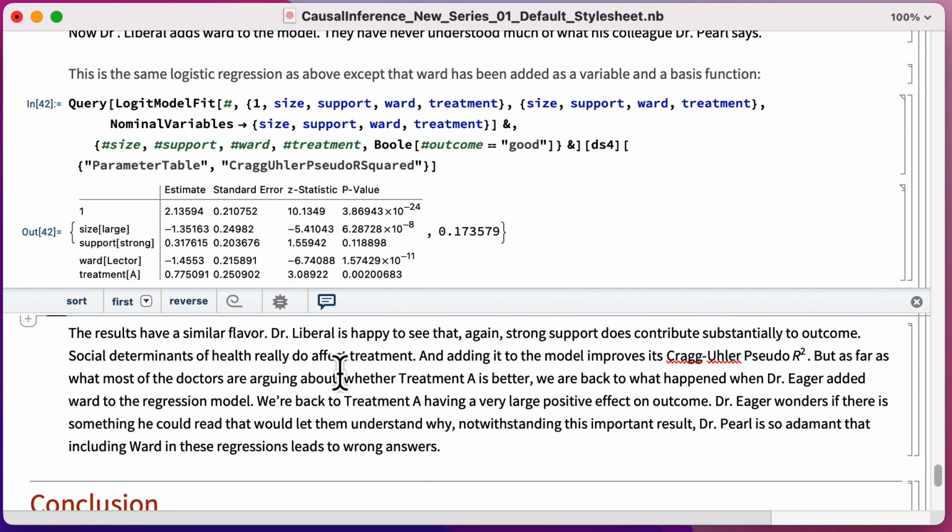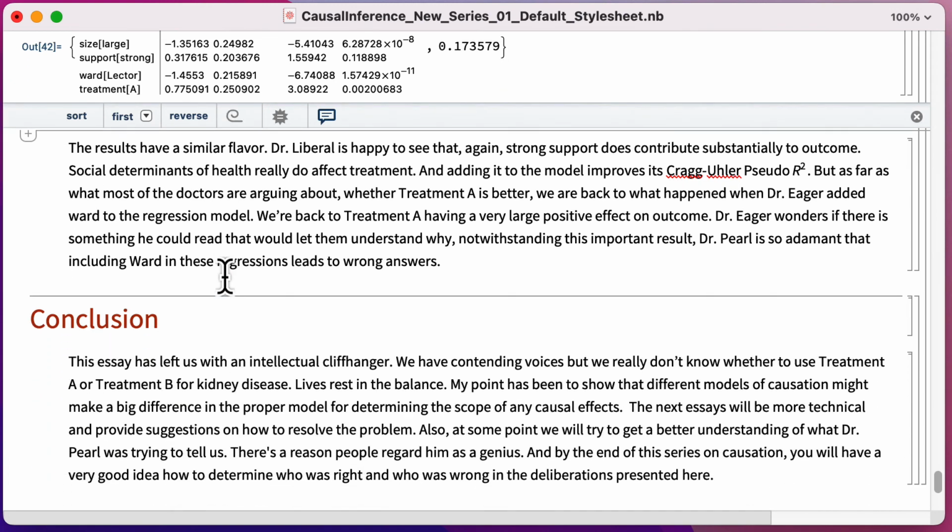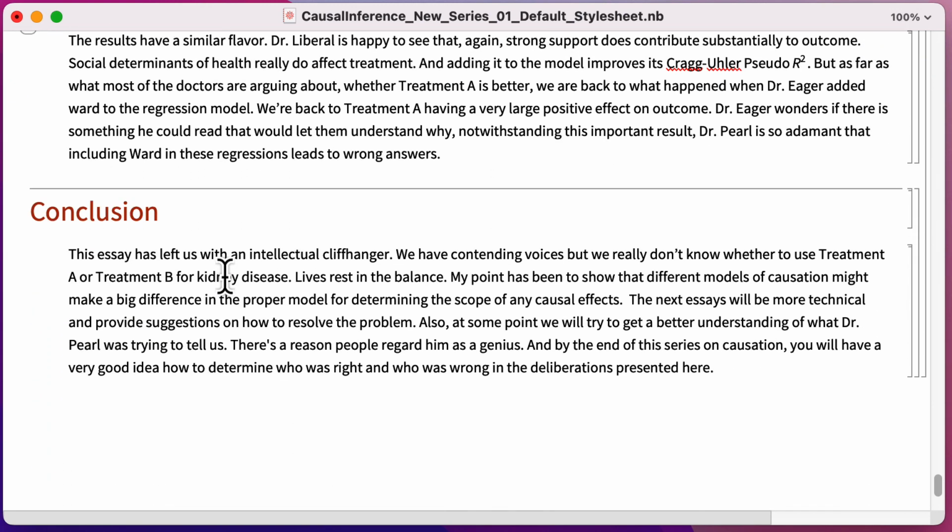So we've still got a little bit of a puzzle as to whether Dr. Pearl was correct that we shouldn't include ward, but what we're seeing is that the effect of treatment A seems to depend on what features, what independent variables we include in our regression. So we've got an intellectual cliffhanger before us.